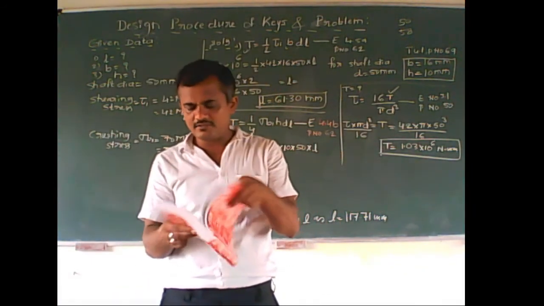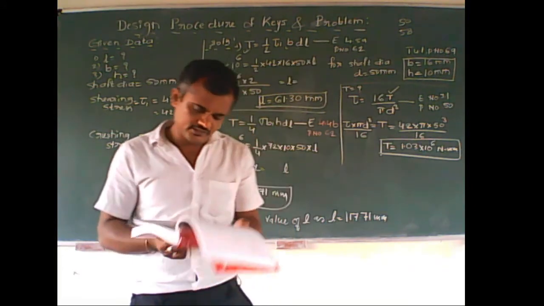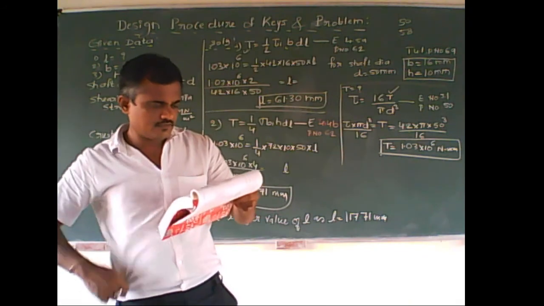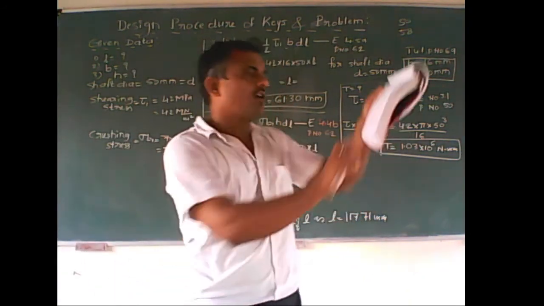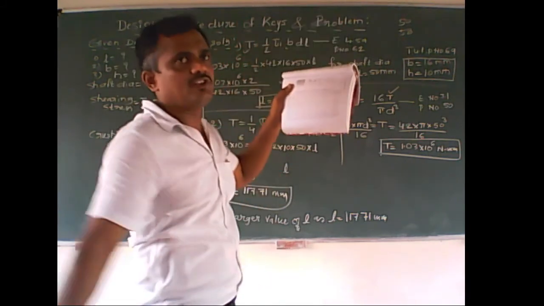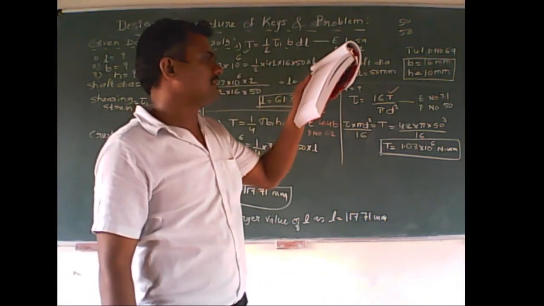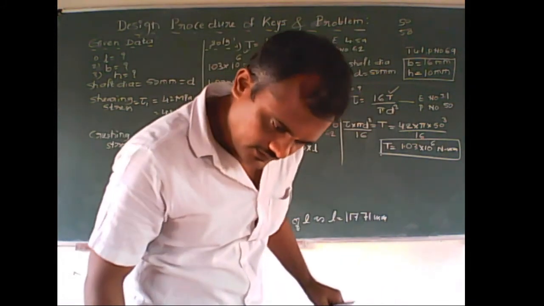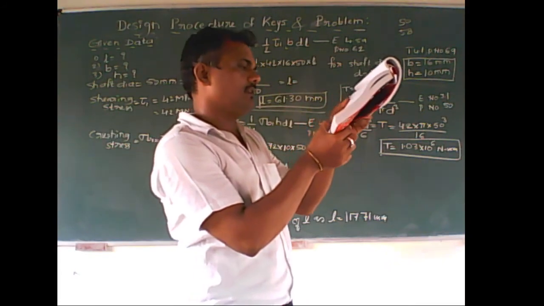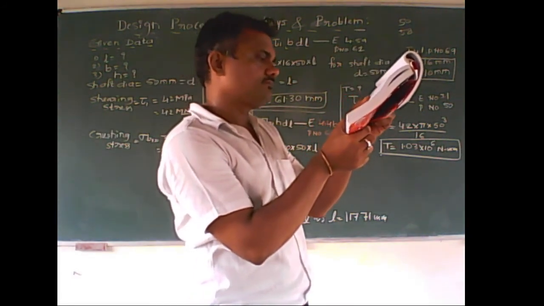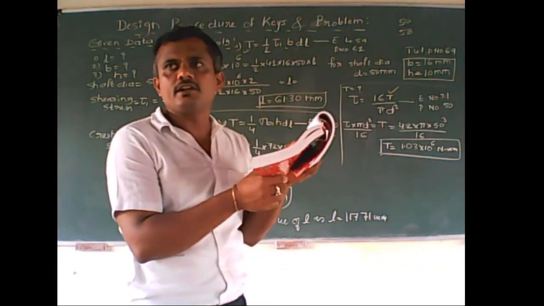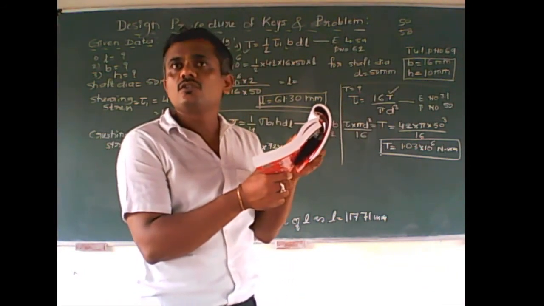Standard length of a key is available in your data book. Look at the bottommost minimum and maximum values. What is the length? 117 is available in 28 to 140, correct? 28 to 140.